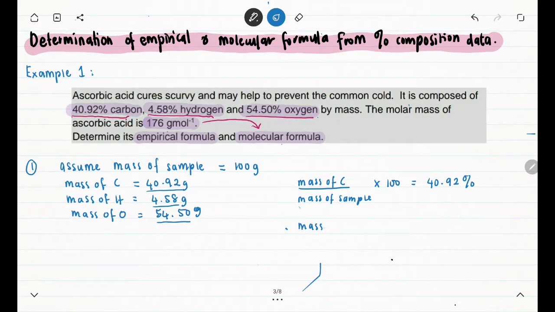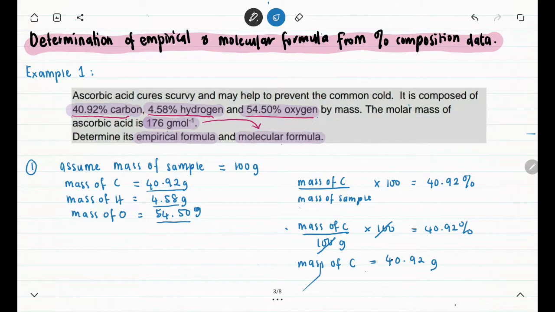So mass of carbon divided by 100 gram times 100 gives 40.92%. We can cancel 100 here, so we leave 40.92 gram. So this is how we get the mass of carbon, 40.92 gram. This is the same method used to find the mass of hydrogen and mass of oxygen.